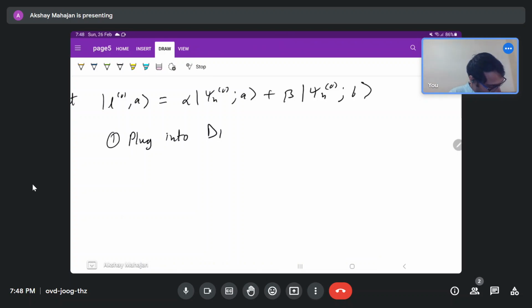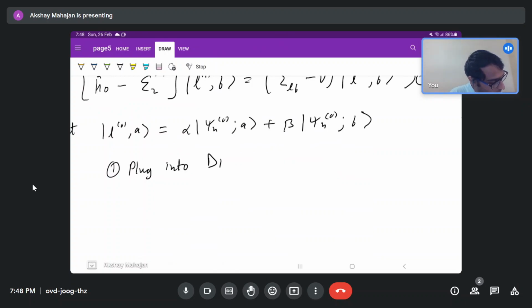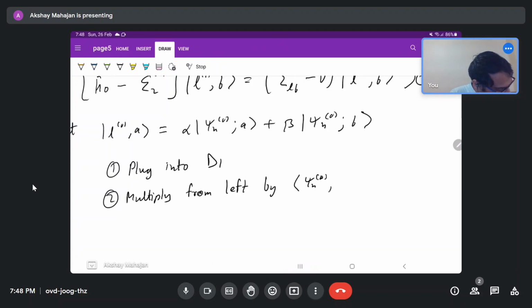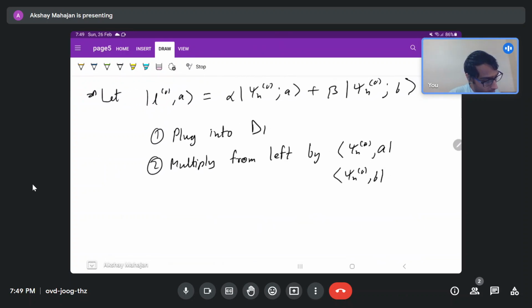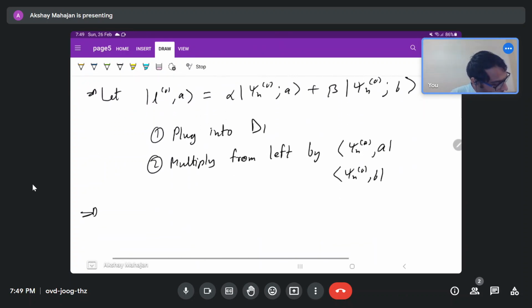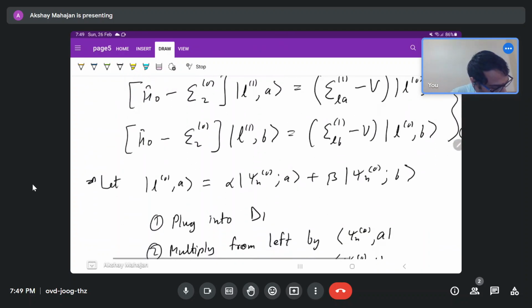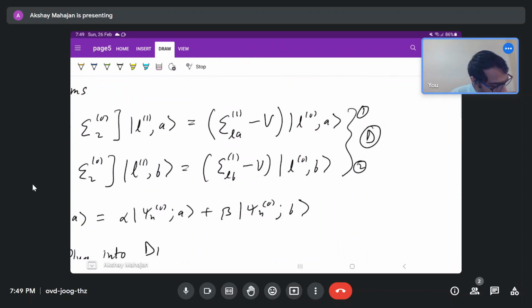What we will do is what we have done earlier, and then we will multiply from the left by psi n of 0 A and psi n of 0 B. So we are going to multiply it by both of our degenerate states.